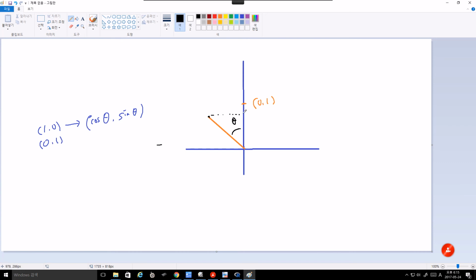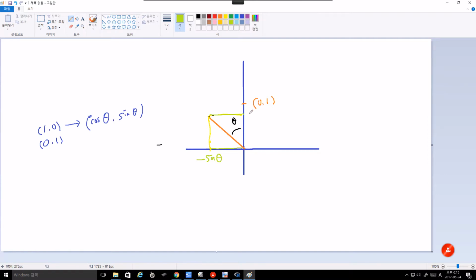The length of this side is the same as this one, so this is basically sine of this angle. So this is sine theta, but it is on the minus side, so we put a minus over here: minus sine theta.